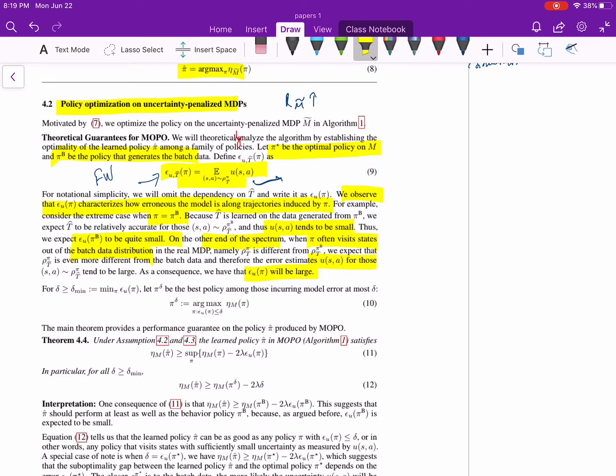So here, delta min is defined in this way: min of epsilon u of pi. Let pi delta be the best policy incurring at most delta, which is defined in this way.